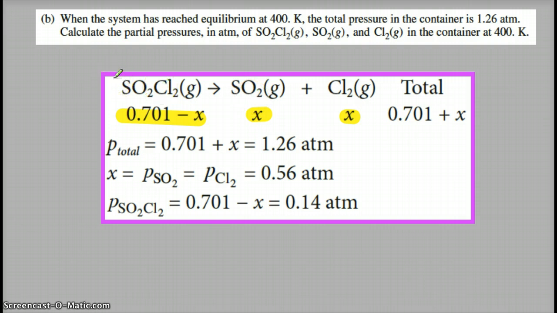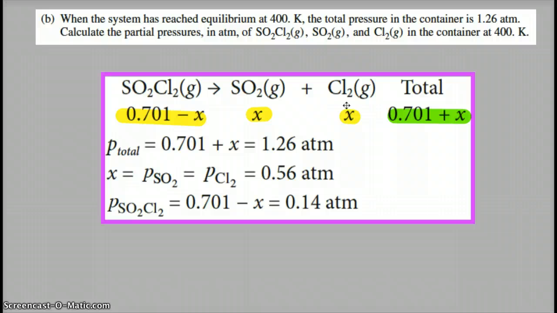So when you add those up, 0.701 minus X plus X plus X, you see that our total pressure is 0.701 plus X. And they gave us the total of 1.26 atmospheres. So when you do a little math here, you solve for X, and you see that X is equal to 0.56 atmospheres, and that's going to be for my sulfur dioxide and my chlorine gas.